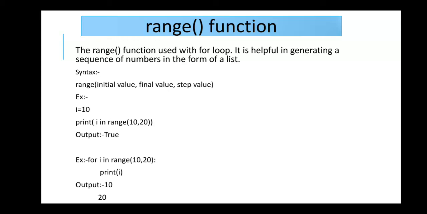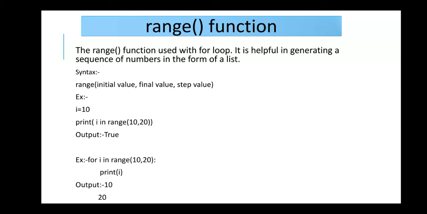When we use the range, we have to give the initial value, the final value and the step value if you have to skip in the sequence, where the initial value is an integer specifying at which position to start, while the final value specifies the end, and the step value specifies either the increment or decrement at each step to reach the final value. If you don't give any step value, by default it increases by 1, and if you assign the step value, then it will skip with the given step.